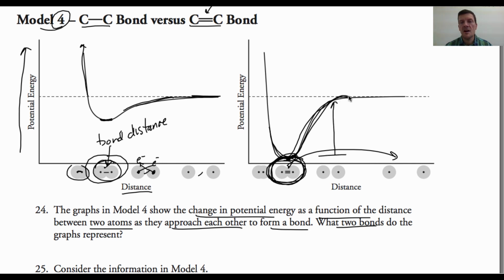You have to get back up to this position in order to break these apart again. You have to exert all of this energy here compared to just this amount of energy for a single bond. So this is a much stronger bond. The distance between these two, the two nuclei here, is much shorter. They're much more compact as compared to the single bond.